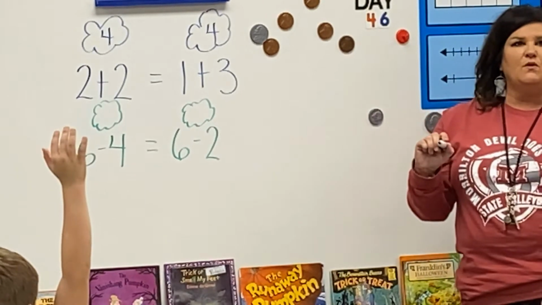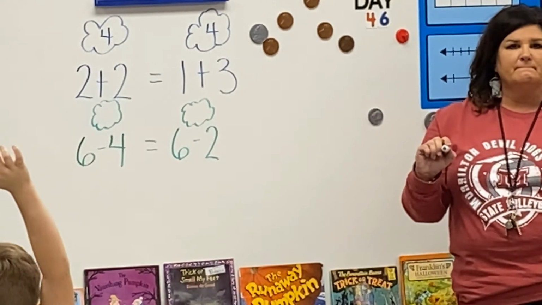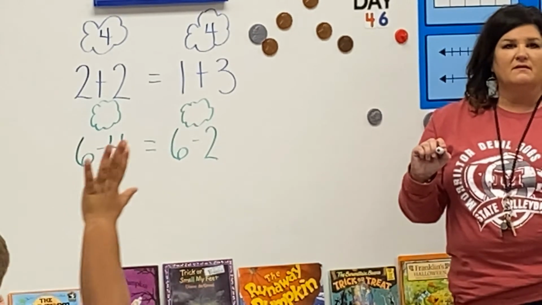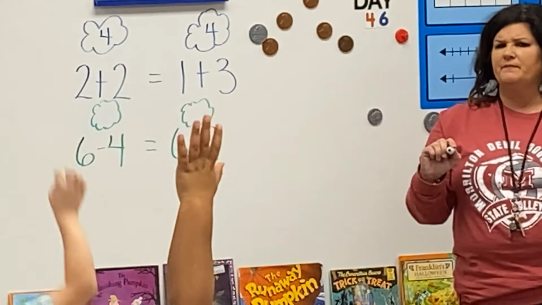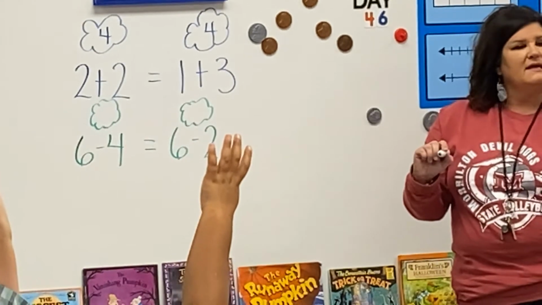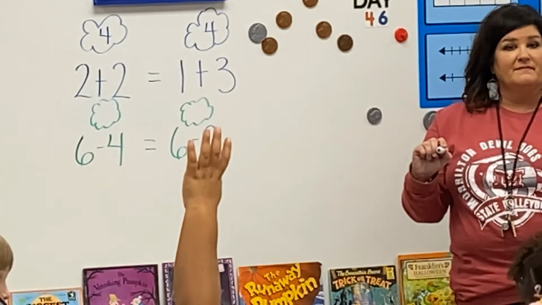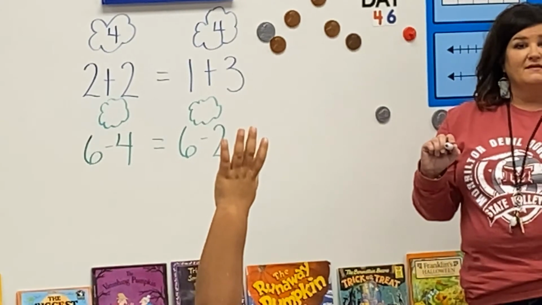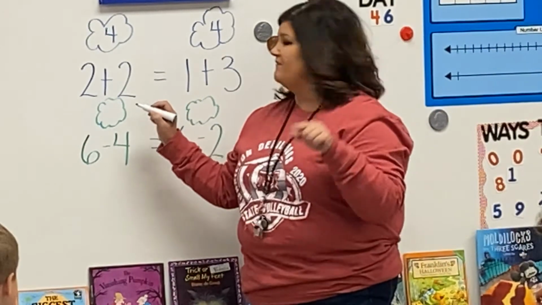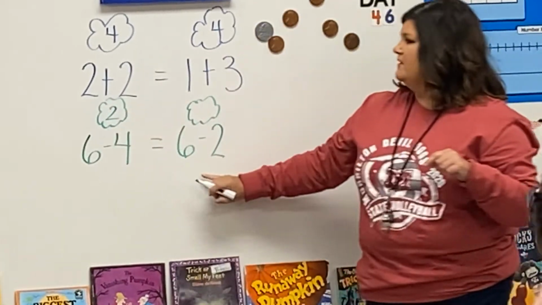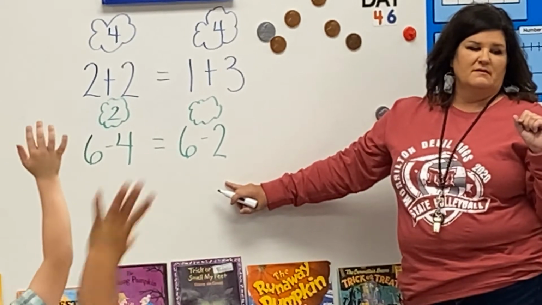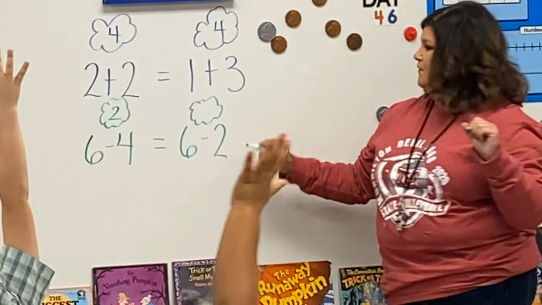6 minus 4, Sophia? 2. Okay, I like how she didn't give up. So 2. Somebody figure out 6 minus 2 for me, Araya? 4.